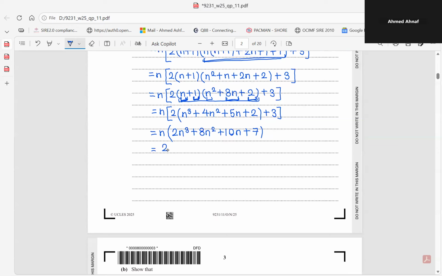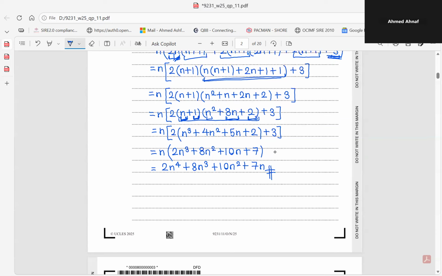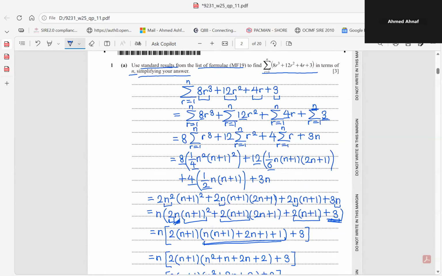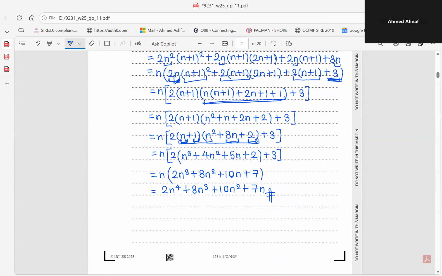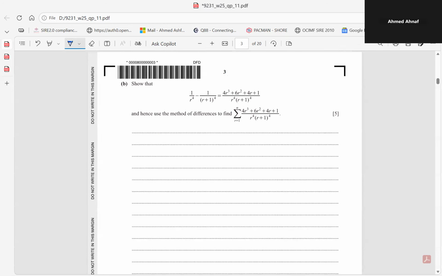So you get 2n to the power of 4 plus 8n cubed plus 10n squared plus 7n as your final answer. So I believe that would be all for the first part. Let's move on to the next part.